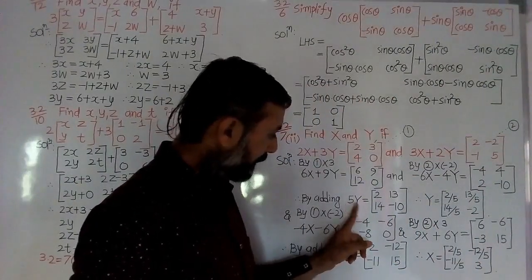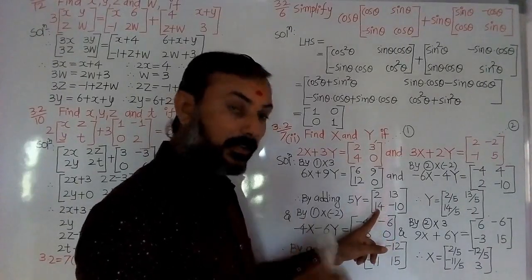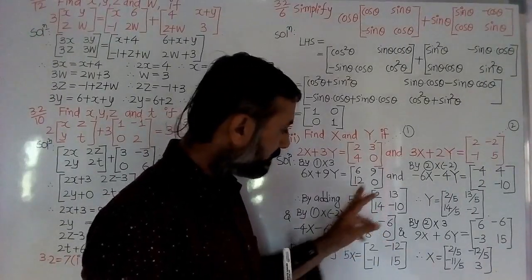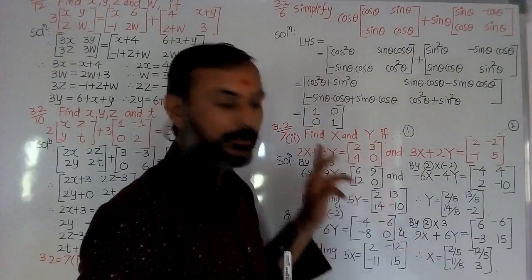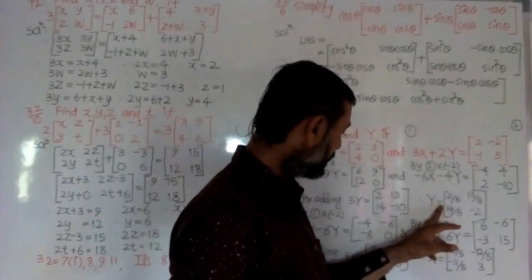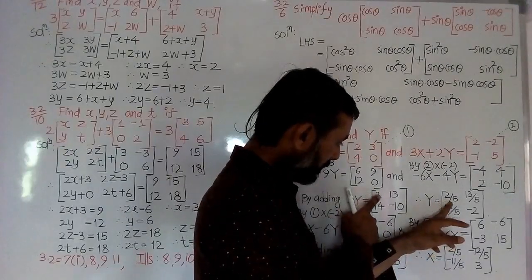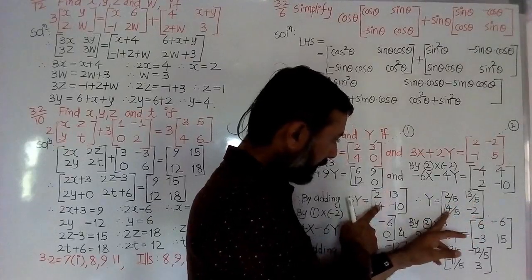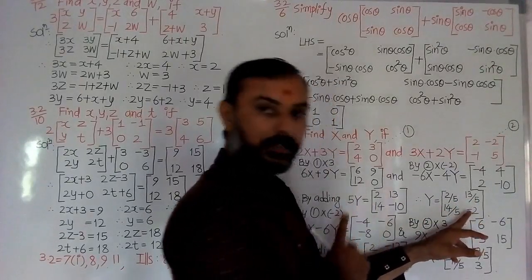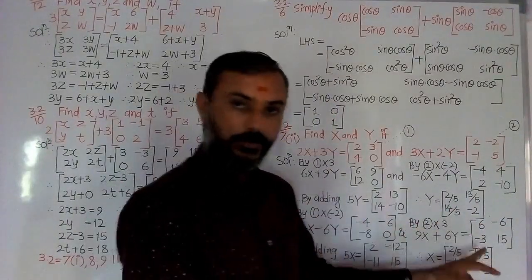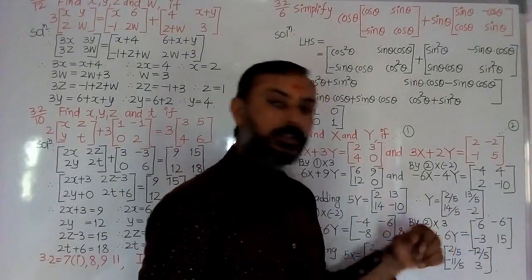So now 5Y is this matrix. So what is Y? Simply divide each element by 5. So Y equals 2 by 5, 13 by 5, 14 by 5, and minus 10 by 5 is minus 2. So this is Y.